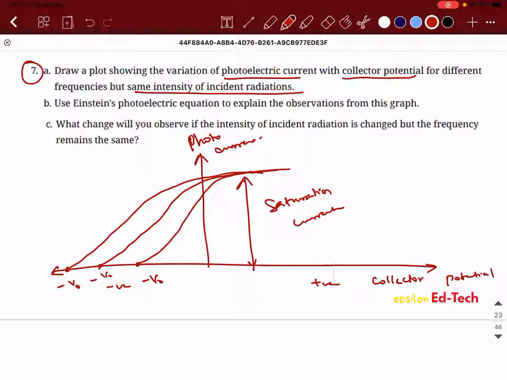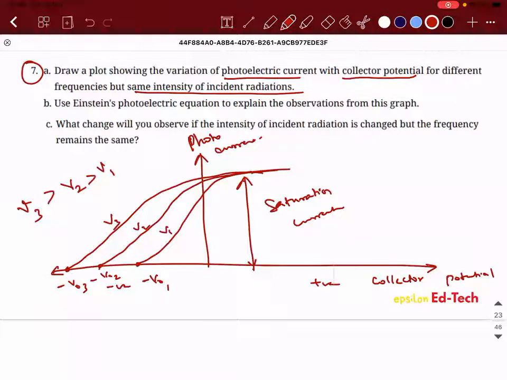So if I take this as 1, 2, and 3, nu 3 is greater than nu 2 is greater than nu 1. Where this is nu 3, nu 2, and nu 1.